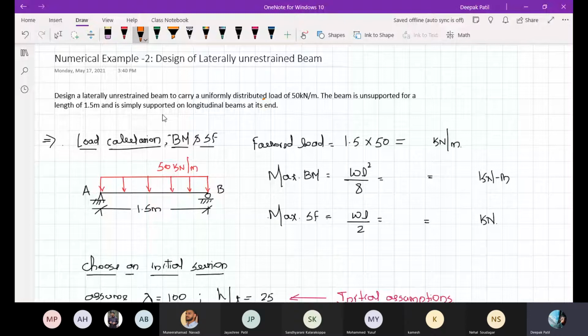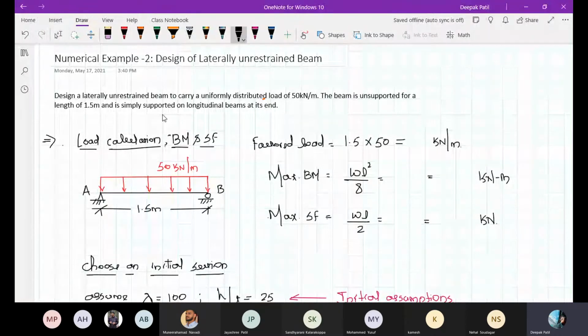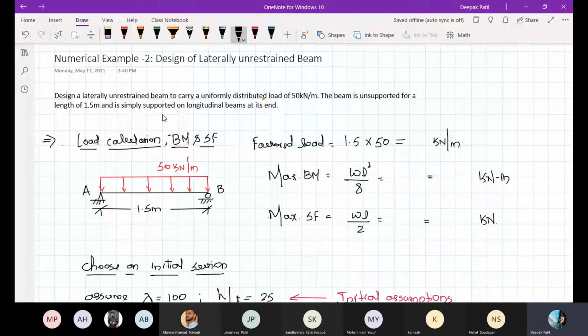This is the main beam, which is carrying a total uniformly distributed load of 50 kilonewton per meter. We'll assume that it is an unfactored load, that is, a service load. And this beam has a total unsupported length of 1.5 meters, and it is resting on the longitudinal beams.